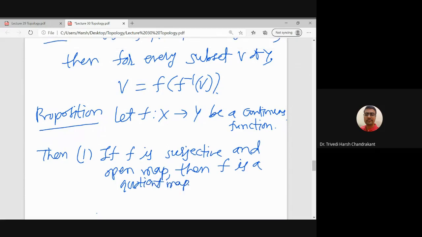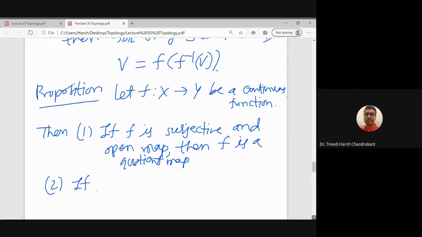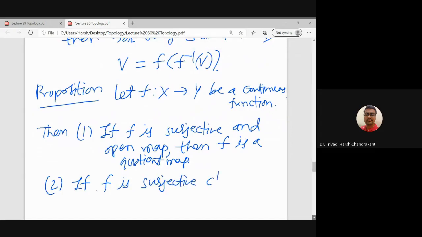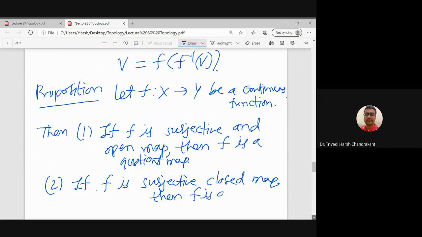Similarly, if f is a surjective closed map, then f is a quotient map. So this proposition gives several examples of quotient maps.